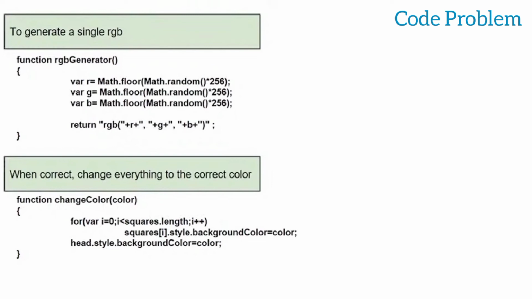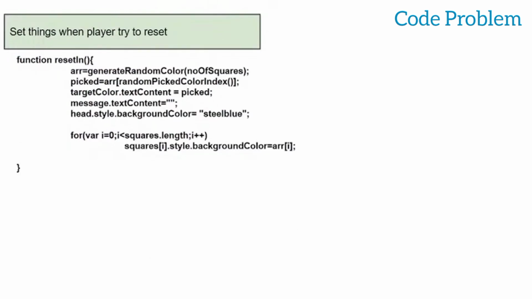If the colors match, then we go and change the background color. That's what happened. When we press the right button, the background color got changed for all the squares, and also for the header. So that's what we are doing here. We are changing the colors for all the elements of the squares, and we are changing the background color as well. In that reset function, we are again generating 6 new random numbers.